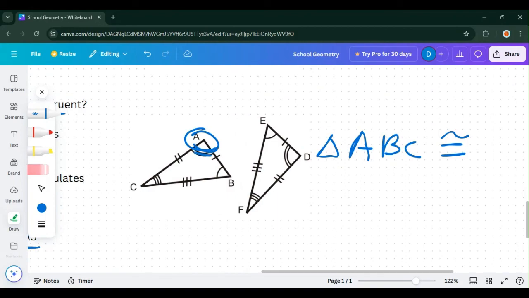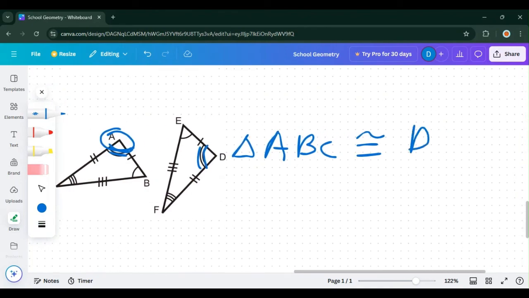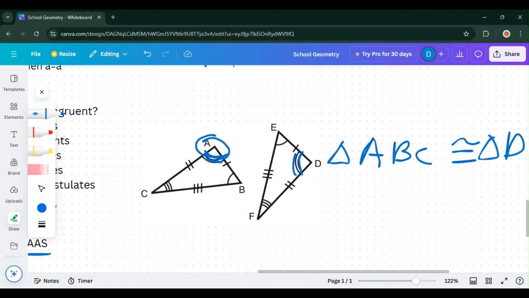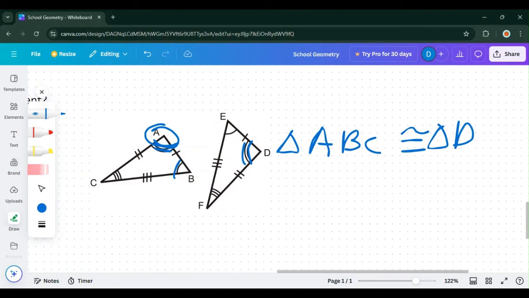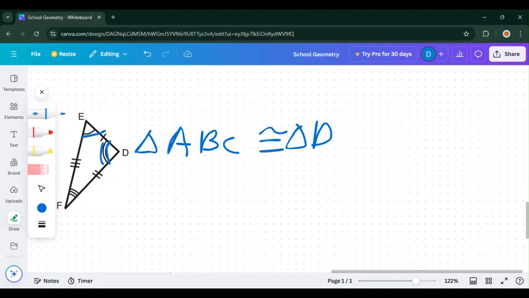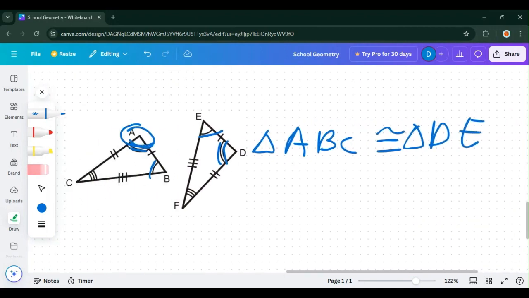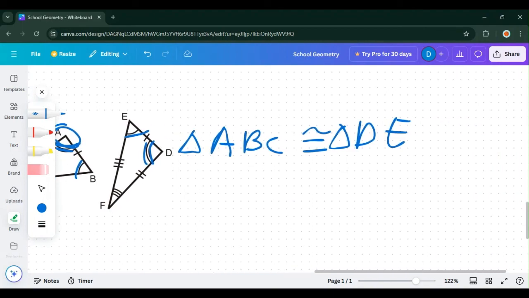So we go to the next triangle that is congruent, and that triangle starts at angle D. And then we go to angle B, and that has one congruency line. So we go to angle E on the second triangle. And obviously we finish off with angle C is congruent to angle F.